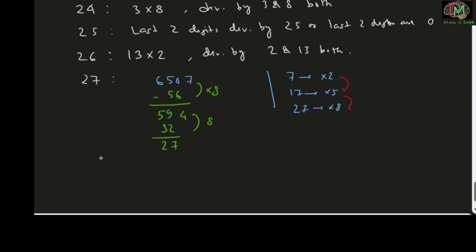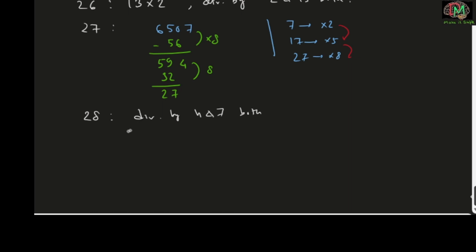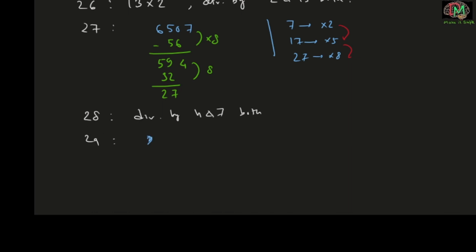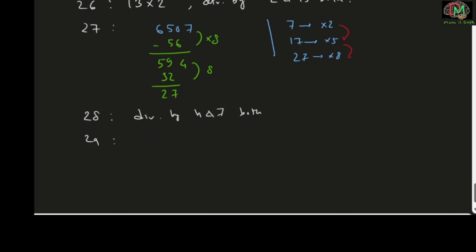Next is 28. We can say that if the number is divisible by both 4 and 7, because 4 into 7 is equal to 28, and they are co-prime numbers. Then 29. For the rule of 29, let's take one example, 5510. The rule is that you have to consider the last 2 digits and multiply by 9.